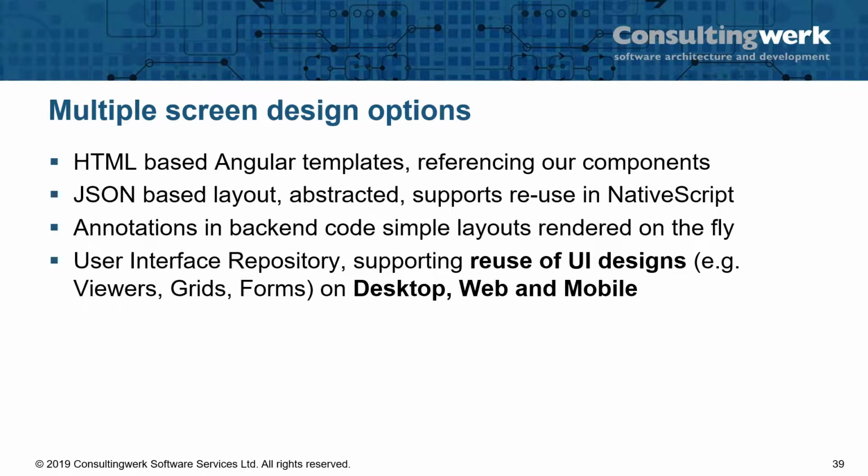And since you can build NativeScript applications also using the Angular framework, that allows to reuse a good amount of the screen design and a good amount of the front-end code that most applications require both in the browser and in a native mobile application. That's a very powerful thing.